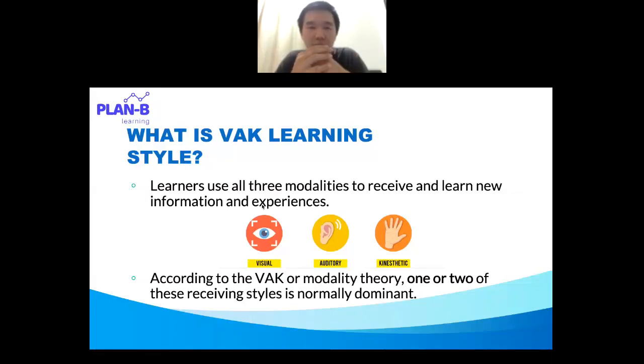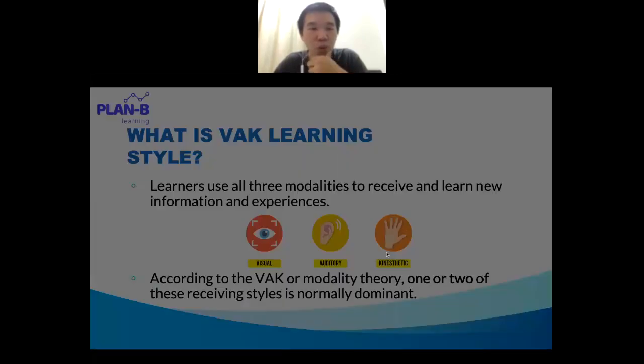According to VAK research, basically everyone has at least one or two of these styles.